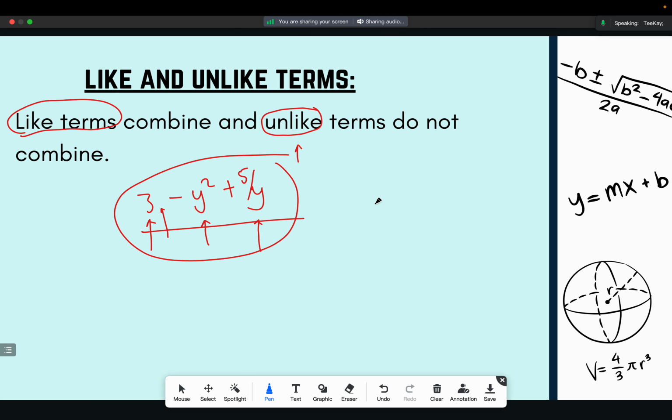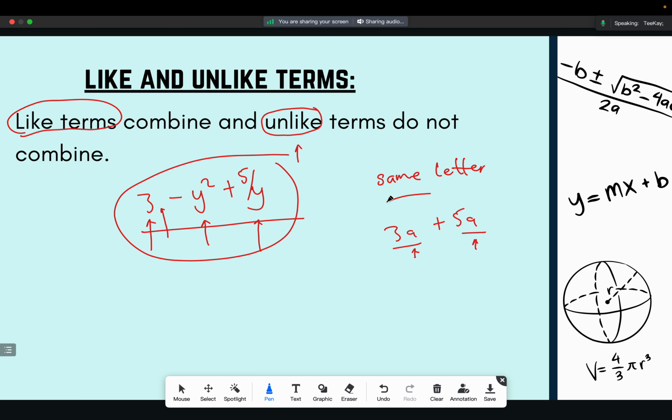What are they? Like terms are terms that have the same letter. Like if we have 3a plus 5a, we have two terms here and they have the same letter. So if we have the same letter or letters, those are called like terms.